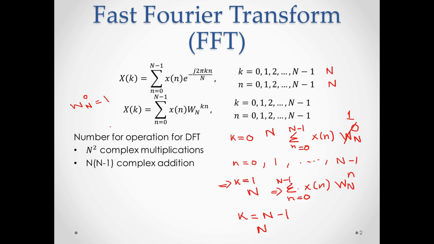We need to sum that, and we need to perform that n minus 1 times. So in total, we also need to perform n into n minus 1 complex additions. So to perform DFT, we have to perform n square complex multiplications and n into n minus 1 complex additions.